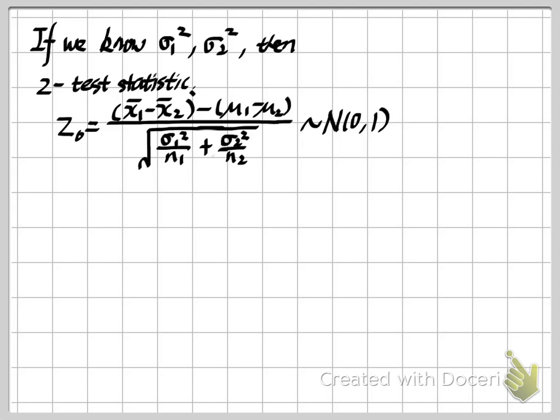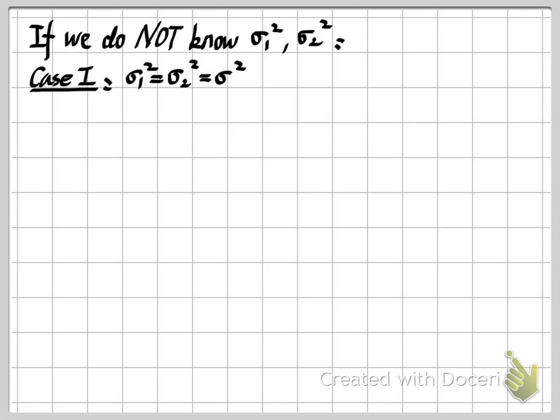So now what I want to work on here is, in case we don't know the exact values of the variances sigma 1 and sigma 2, what should we do? Here we need to divide this into several cases. The first one is we assume the variance of these two populations is the same.